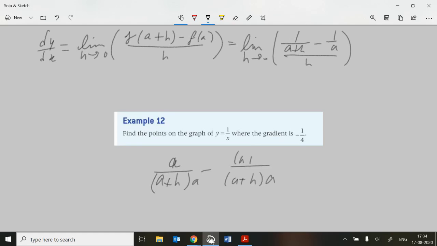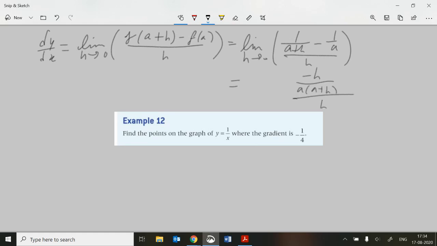And when we do our subtraction, we'll have a, take away a, and then we'll get minus h at the top there. Okay, so there we go. You can always do a little working out aside, just make it really clear that you're doing that. So we're getting minus h over a, and then a plus h there, and then that's divided by h as well.